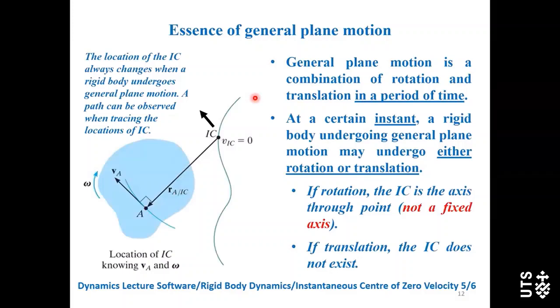A path can be observed when tracing the locations of the IC point. At some instances, because the rigid body may undergo translation, at these instances, for example, these three instances, no IC point exists.